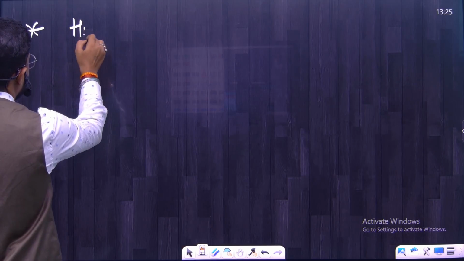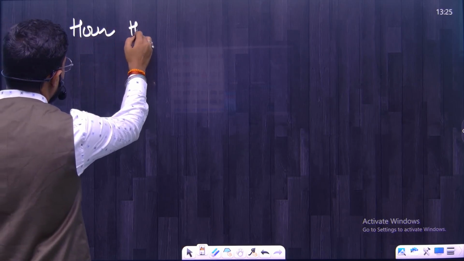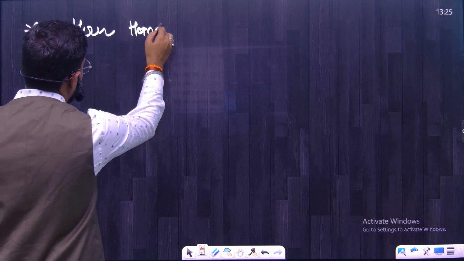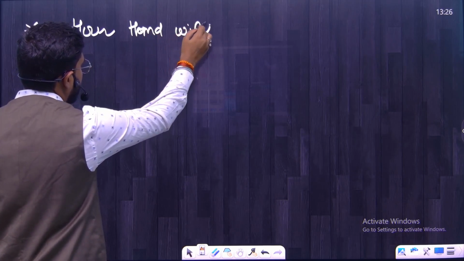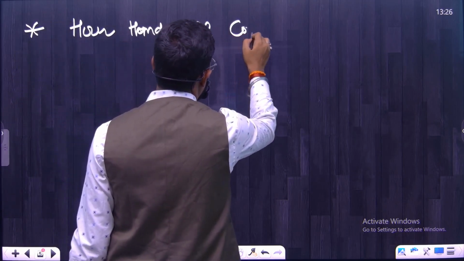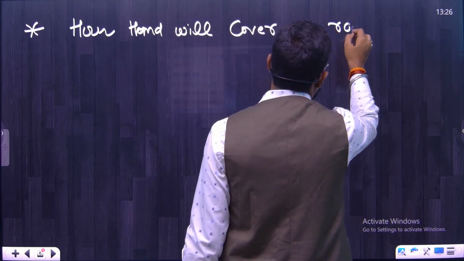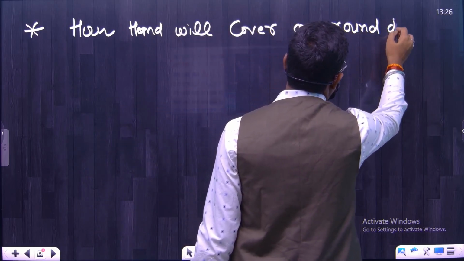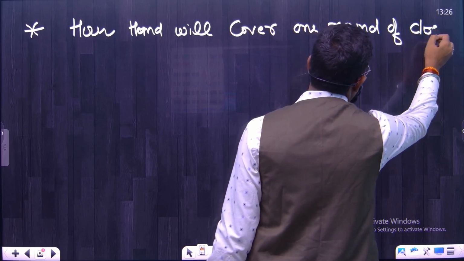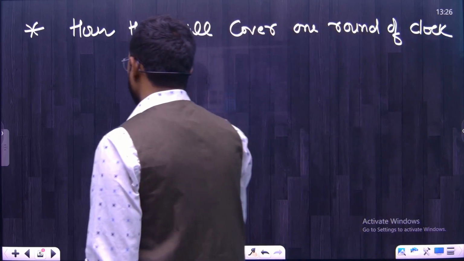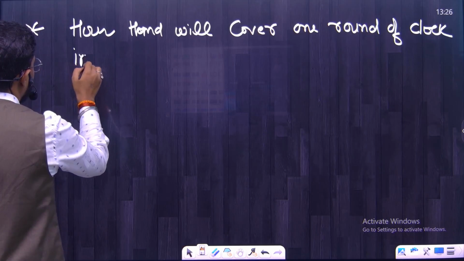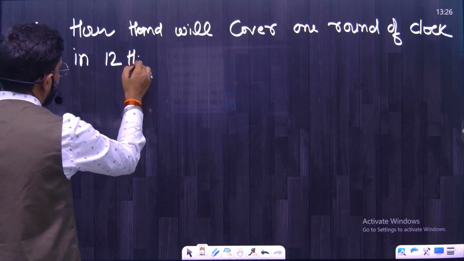Our hour hand will cover one round of the clock in 12 hours.